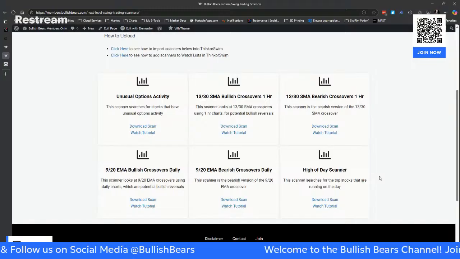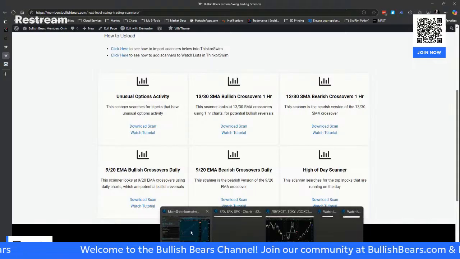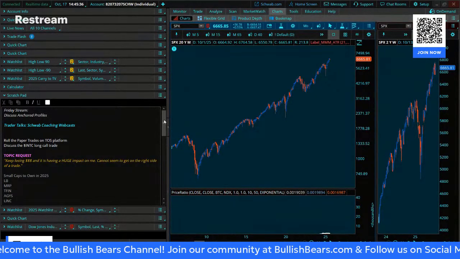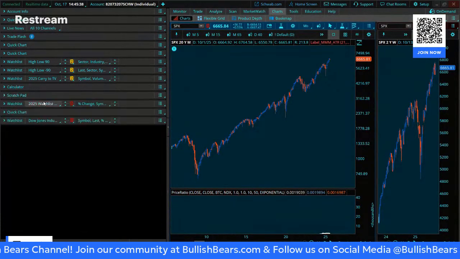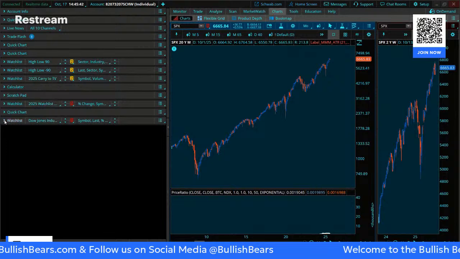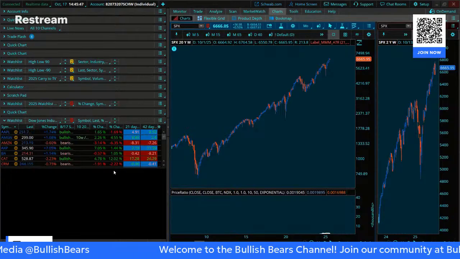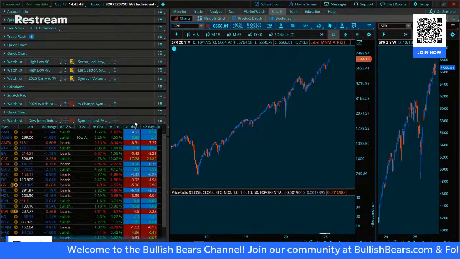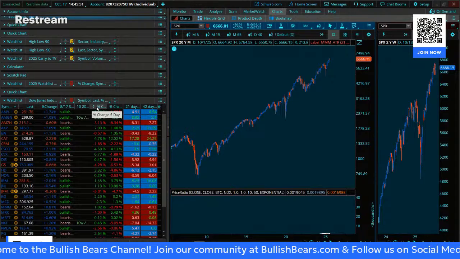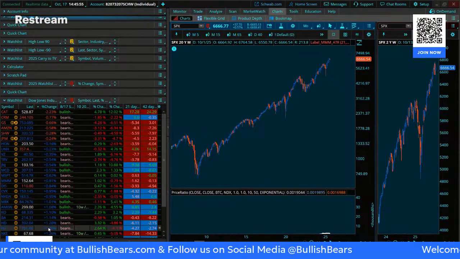So the way to get rid of this scanner and maybe update it into something a little more valuable would be to have your own basket of stocks, put them in a watch list, and then break that watch list into percent. So here's Dow Jones, one of my favorite watch lists, and very easily just going into change percent and looking at what's down and what's up.